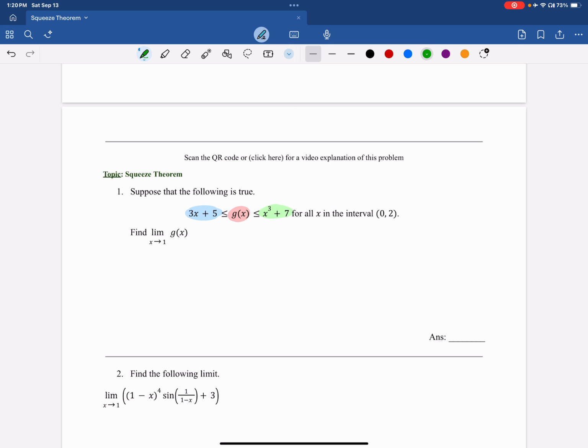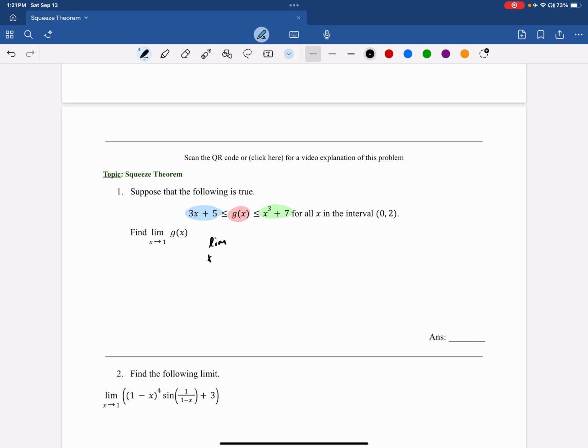Well, what we know, if this inequality is true, and because x equals 1 is in that domain that we're talking about here, it's true at this point, then we know that this must be true.